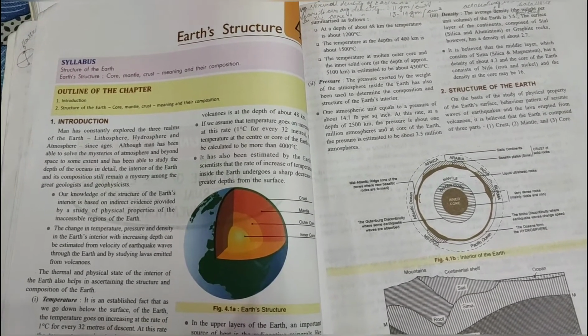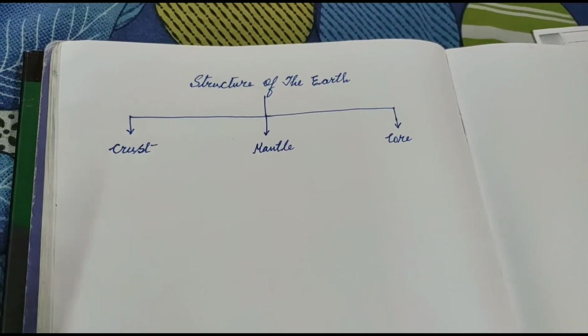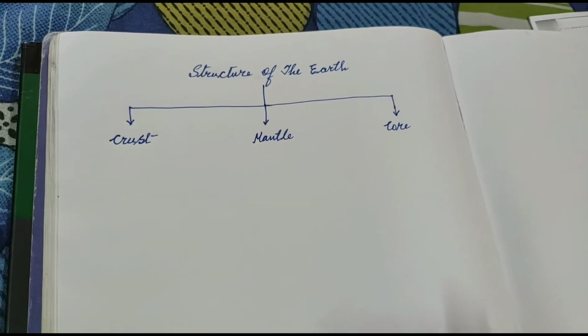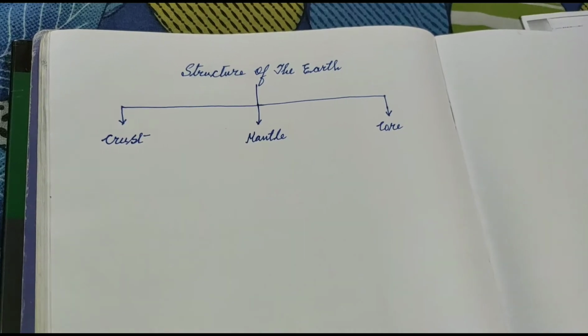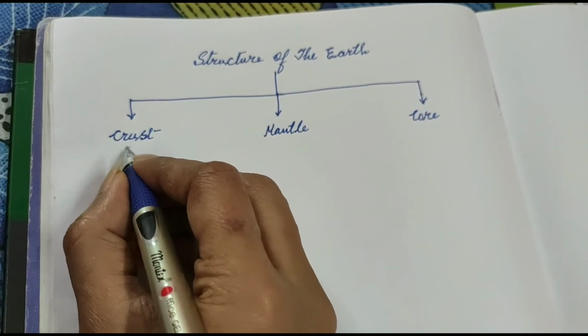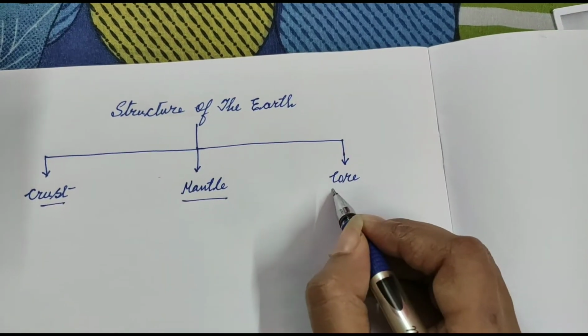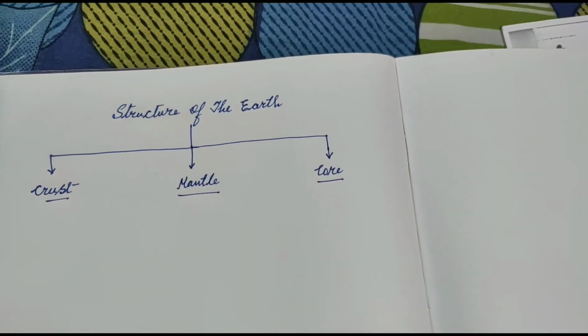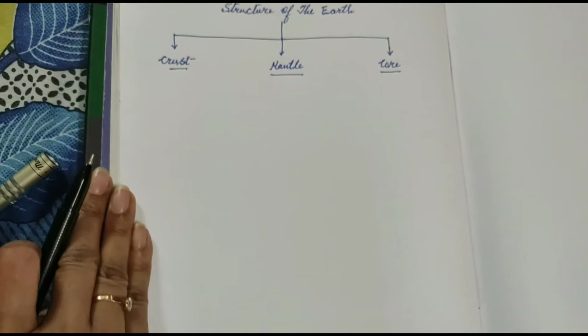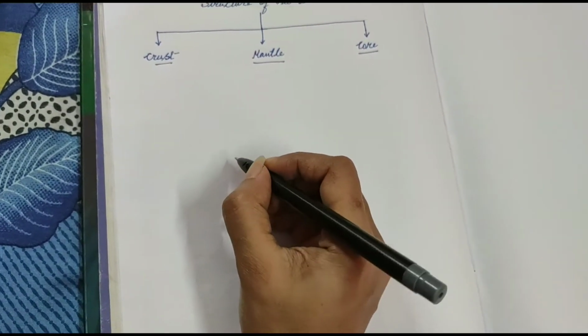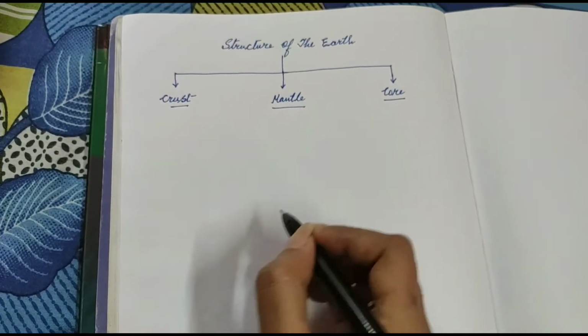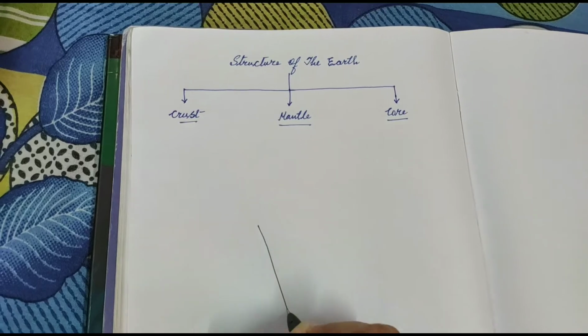Let's start. See that these are the three parts of our Earth's structure. First one is the crust, second one is the mantle, and third one is the core. So now I will draw a structure of our Earth here like that.